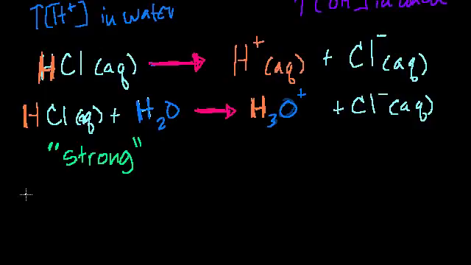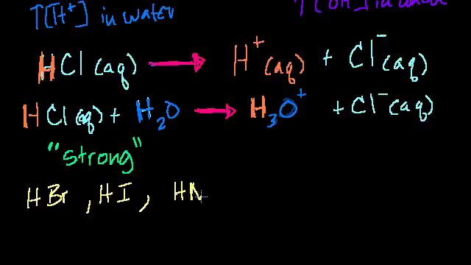You also have hydrogen bromide, another strong acid, hydrogen iodide. You have nitric acid. All of these, when you put them into water, this little H is going to pop off, join another water molecule, form hydronium, and then this molecule right here.